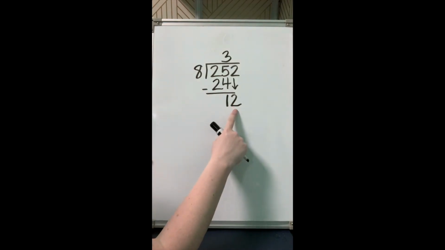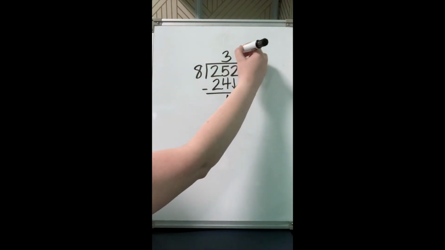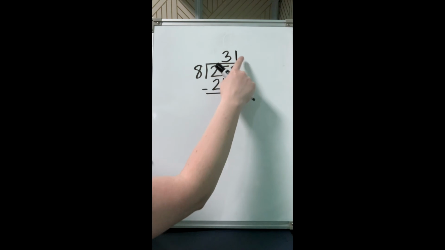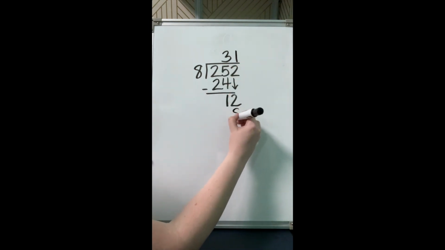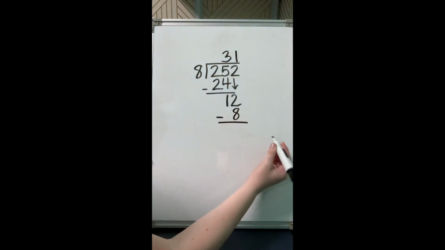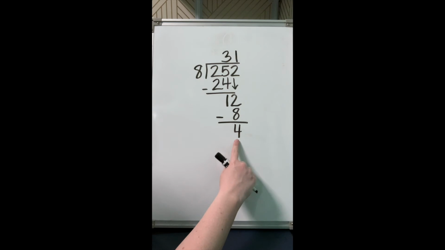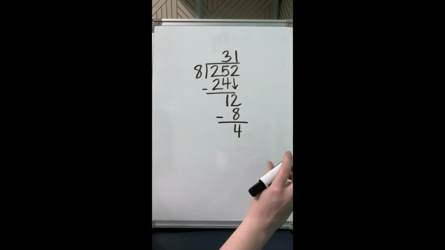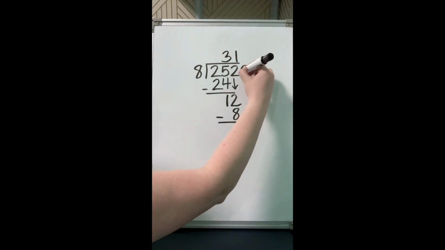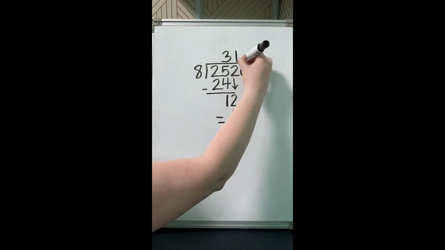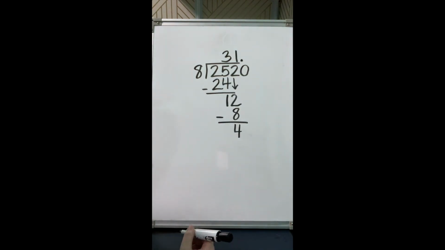How many times can 8 fit into 12? 8 can fit into 12 1 time. 8 times 1 is 8. We subtract, and we get 4. Again, normally we would say the answer is 31 remainder 4. But instead, we're going to add another 0 to our dividend, and add a decimal point up there with our answer.